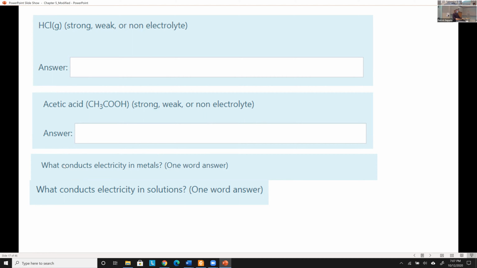What conducts electricity in metals? One word. Random question, I know, but you can figure it out. Not ions. So in a metal, like you have a copper wire, what's going through it? Electrons. Good. Now, what conducts electricity in a solution?